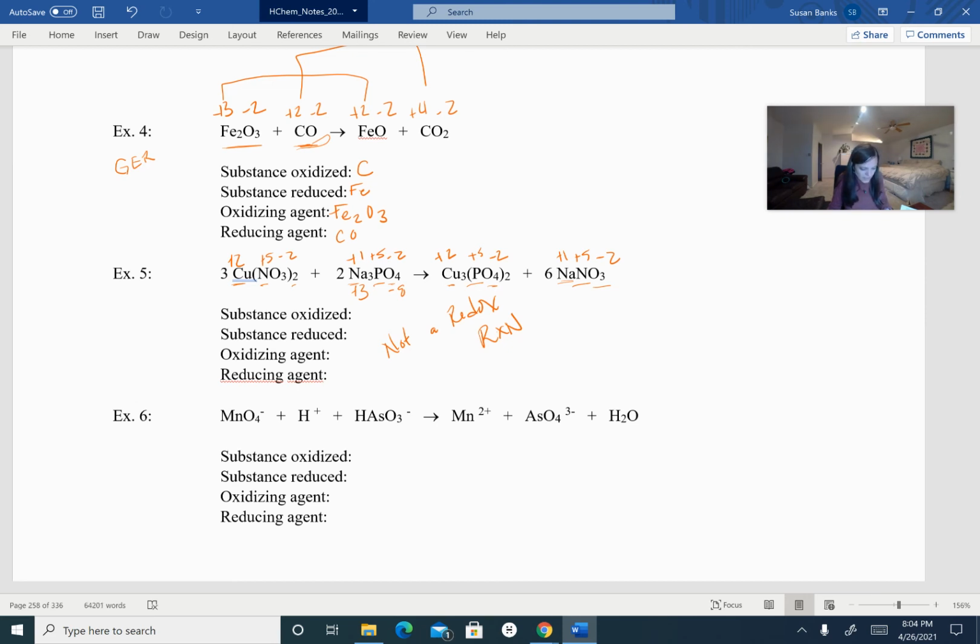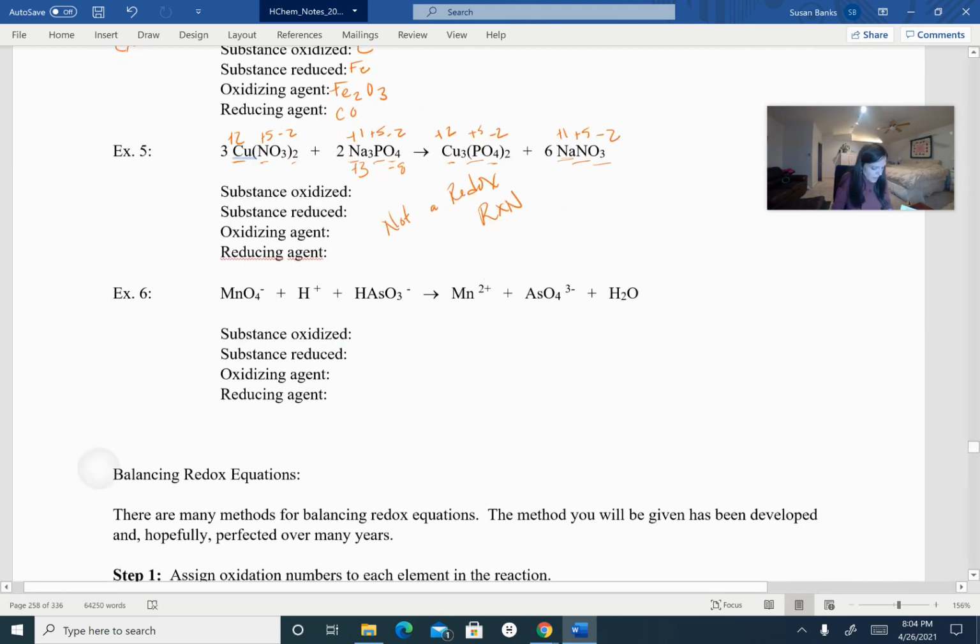All right, example 6. So our oxygen here, let's assign oxidation states, -2. That means that the manganese has to be a +7 here. Hydrogen is already a +1. You see it right there. Oxygen's a -2 here. Hydrogen's a +1 here.